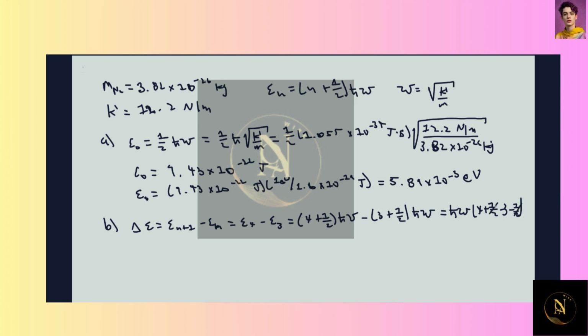So these cancel and you end up with delta E equal to h bar omega, which is just equal to 2E0.